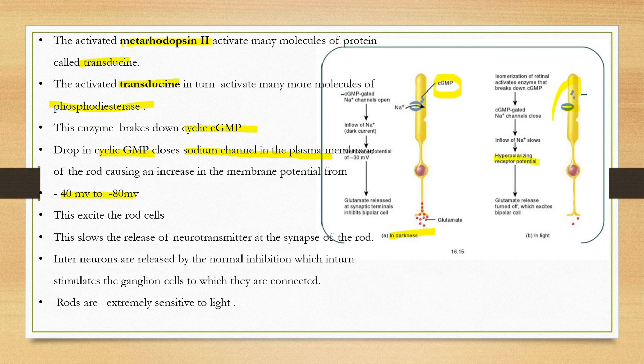This is called hyperpolarization. This hyperpolarization excites the rod cells. The glutamate release is turned off, which excites the bipolar cells. So this is why the rod cells are activated.